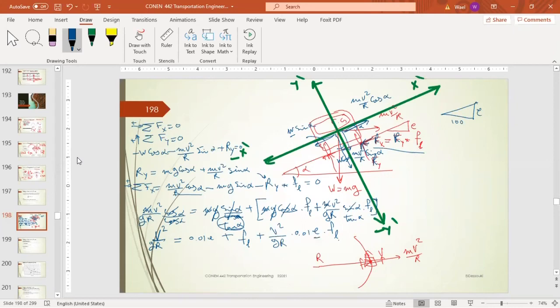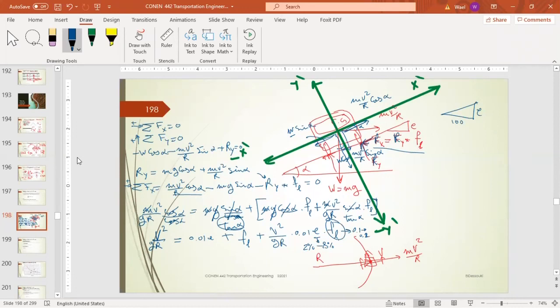Usually the E we're talking about is from 2% to 8%. And the side friction is around 0.1 to 0.3, or 0.2 at most, for designing horizontal curves like this.